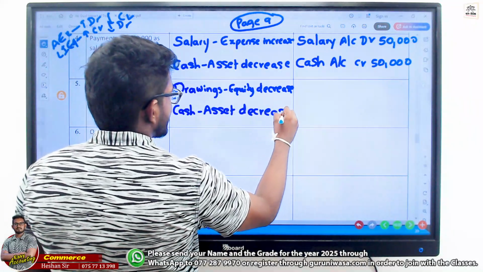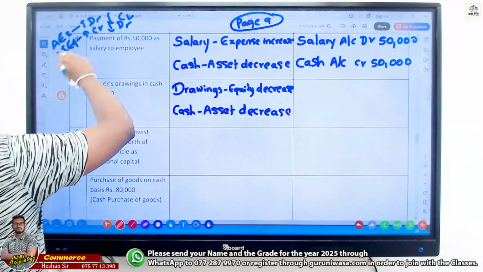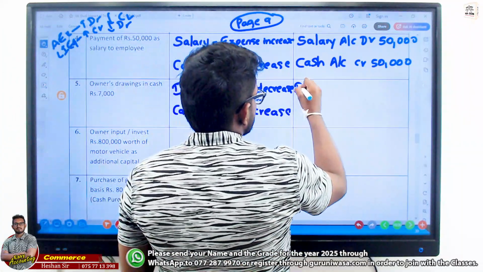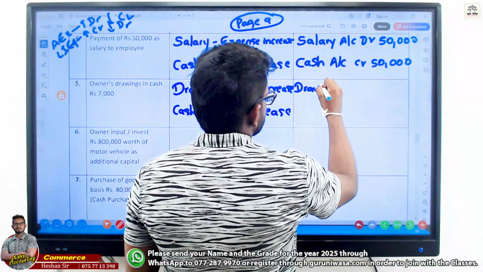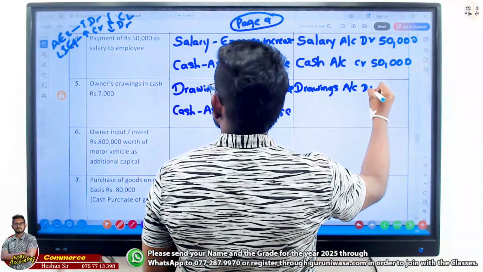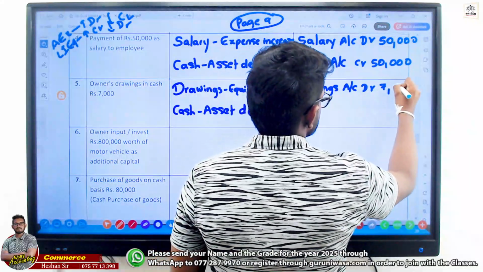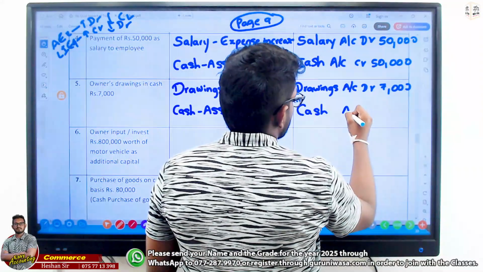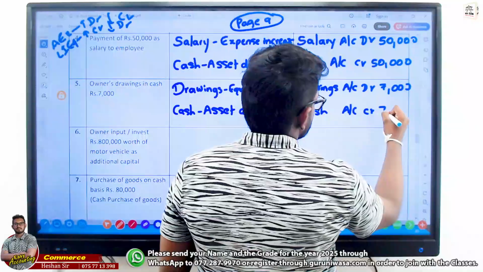You know, when equity increases it's credit, when it decreases it's debit. So when equity decreases, it's debit. So drawings account debit 7,000. Cash account credit 7,000.